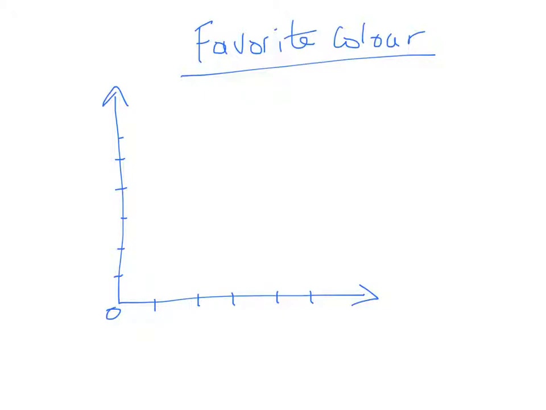The second thing after that is that you need to label your axes. So at the bottom we have color, and on the side is number of students.